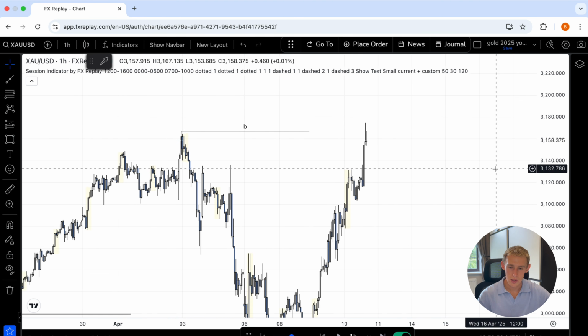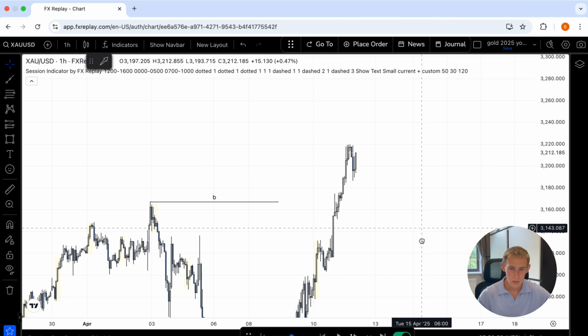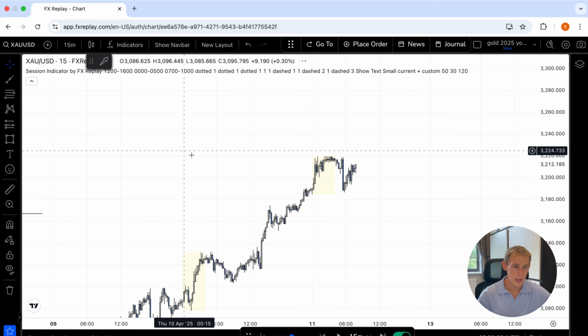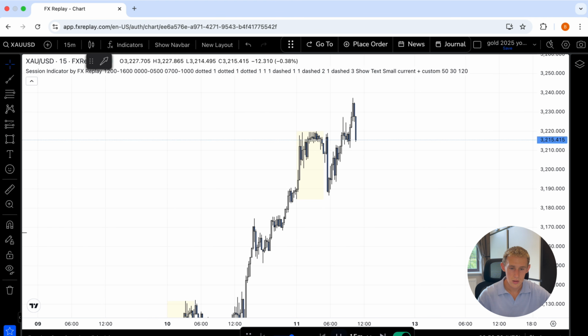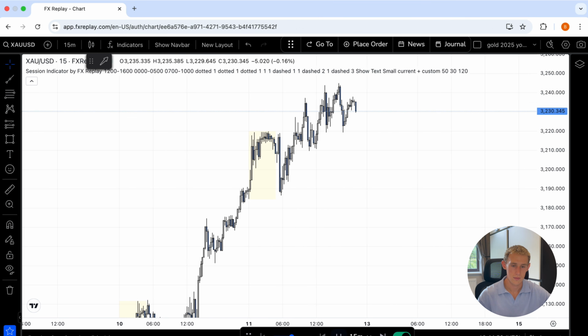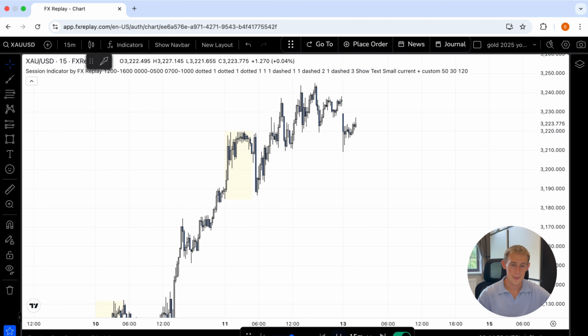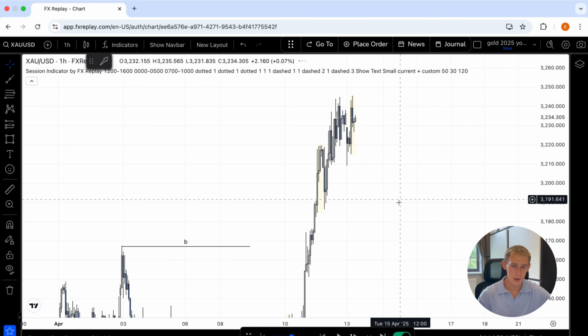So yeah, let's have a look if we can get another entry here on the buys. Price is still just parabolic at the moment, just pushing up with no real pullbacks. There's nothing really here I would look at the moment.